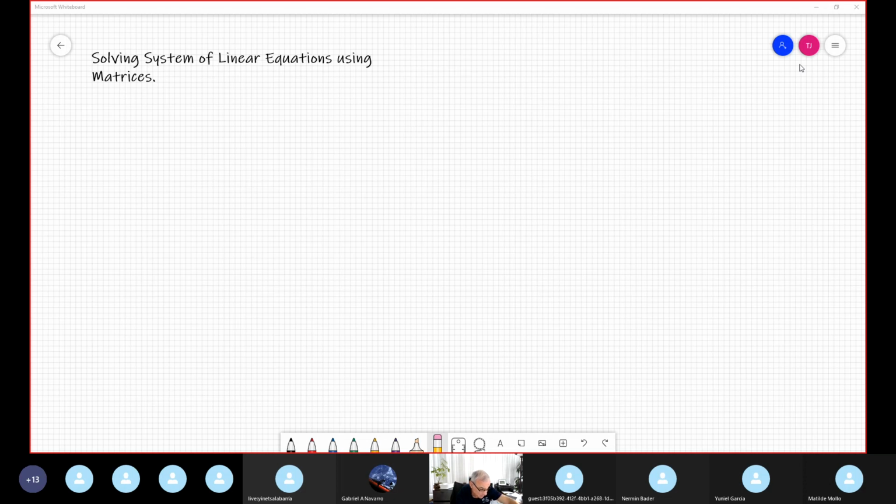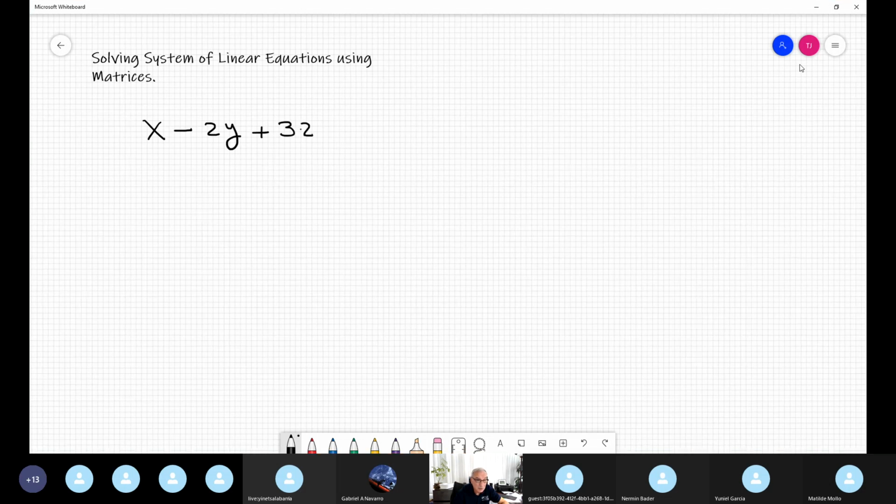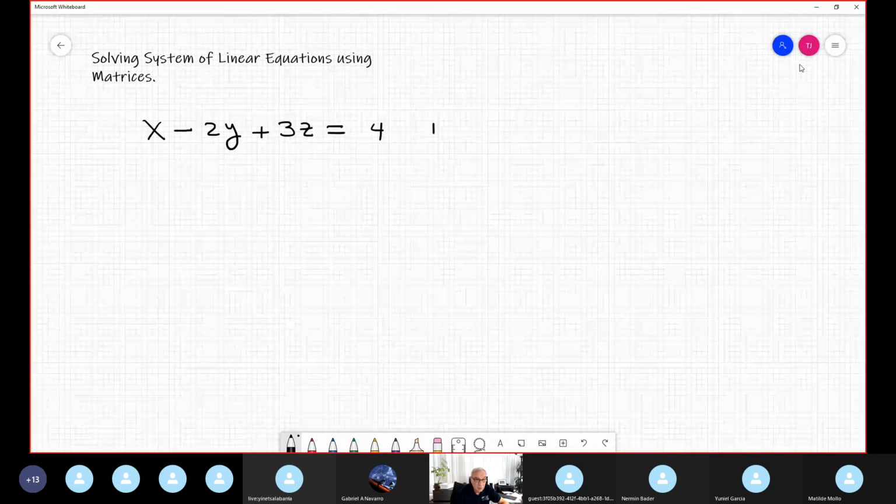I like to explain this not using the theoretical part, but using an example. No? Suppose the first example is x minus 2y plus 3z equals 4.